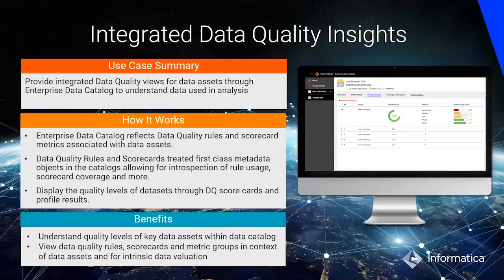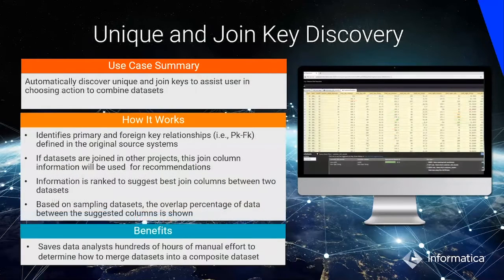It does not use any ML or AI, but it definitely provides metadata intelligence-based automation. It helps users save days of effort of identifying the data quality of the data asset in a data lake or data warehouse. It automatically matches these scorecards to the data assets so that it can provide in-context data quality insights.